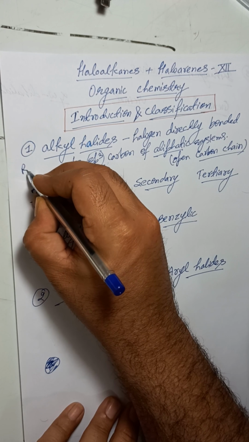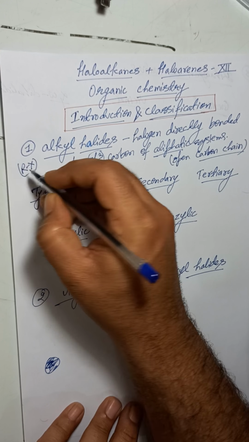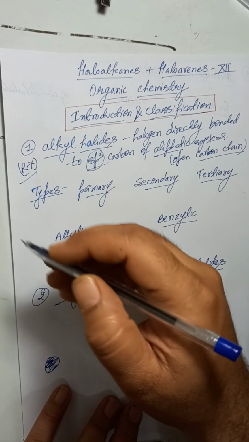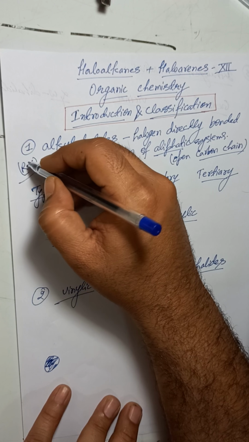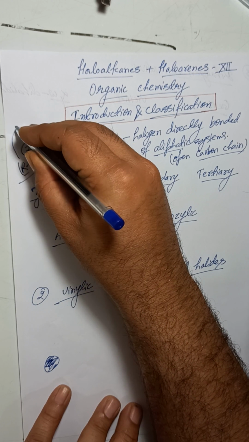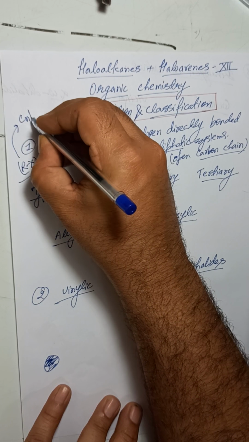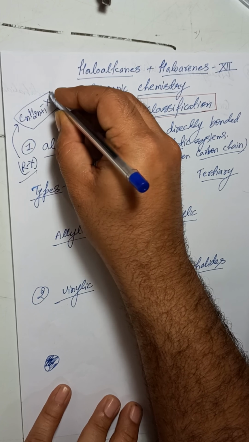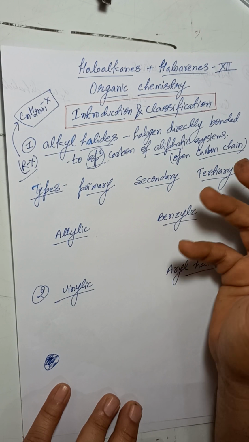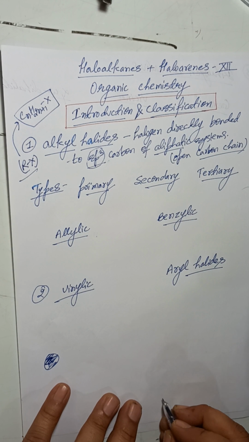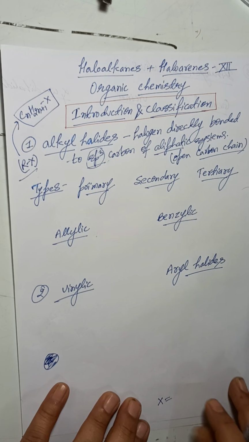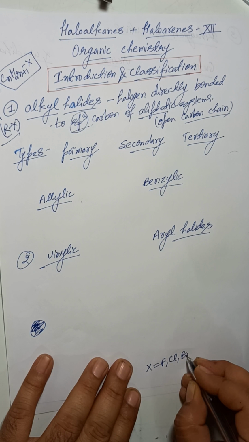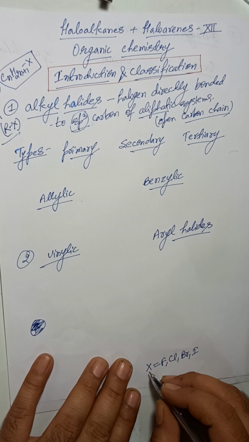Simply they can be represented as RX. Here R is alkyl, so they can also be written as CnH2n+1X. Here X is F, Cl, Br and I, the halogens.